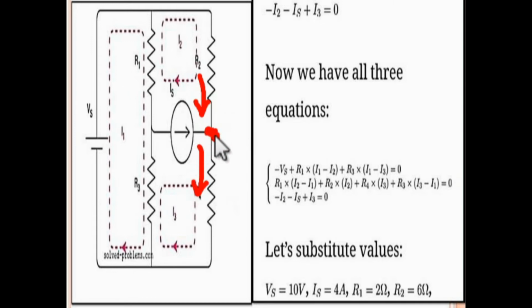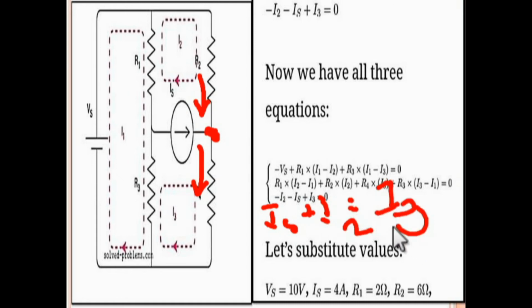So at this node the equation will become Is plus I2 equal to I3. You can also write this as minus I2 minus Is plus I3 is equal to 0.